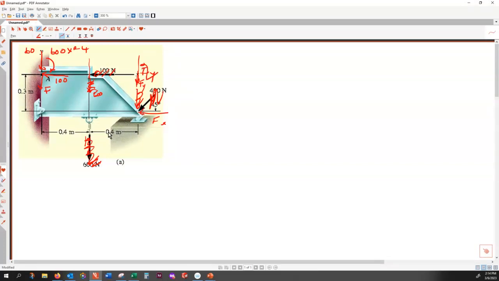That is Fy multiplied by 0.4. And how do I bring the other force to here? First, I can bring Fx here with no penalty. And then the penalty I pay is Fx multiplied by 0.3.